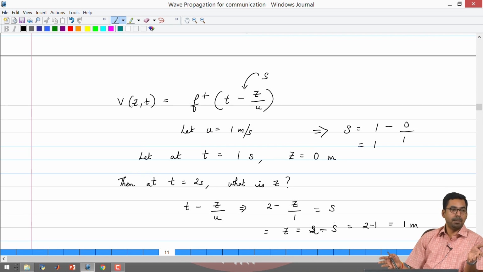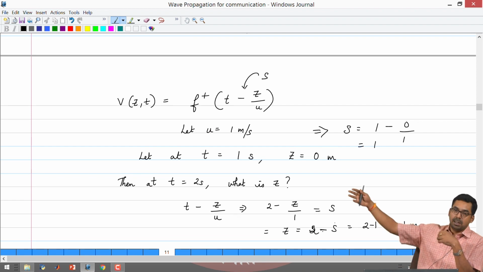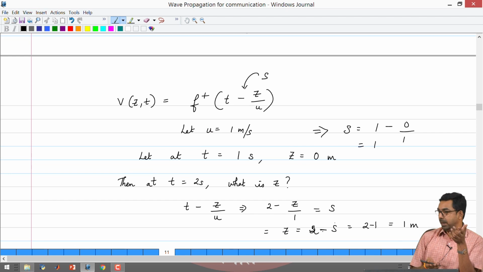So, you have some kind of a reflection happening at the load end, which creates a backward wave. For all these classes, we are going to assume that we will start with a forward wave, provided that there is an impedance match or an infinitely long transmission line on the other end, you will have no backward wave.